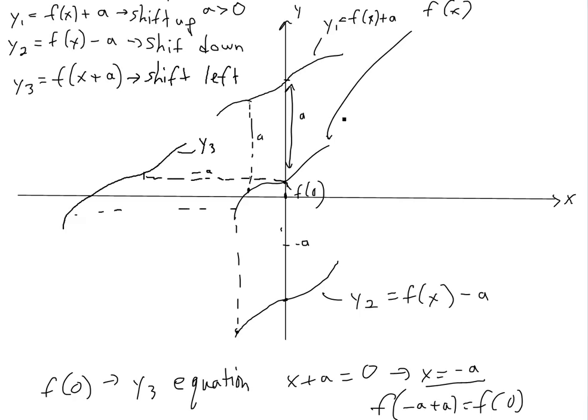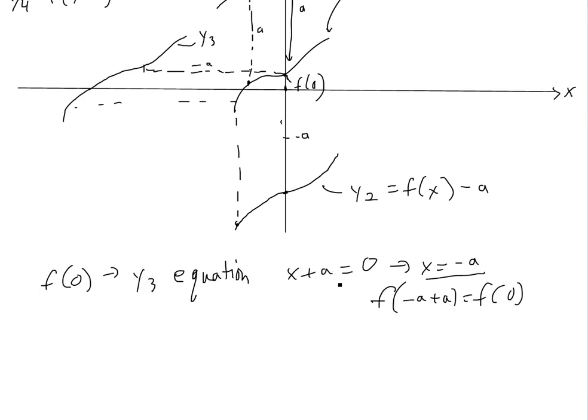And if we have y4 equals f of x minus a, this is similar to the last one. We make x minus a equal to 0, and then x equals a. So at f of a minus a, we get f of 0.